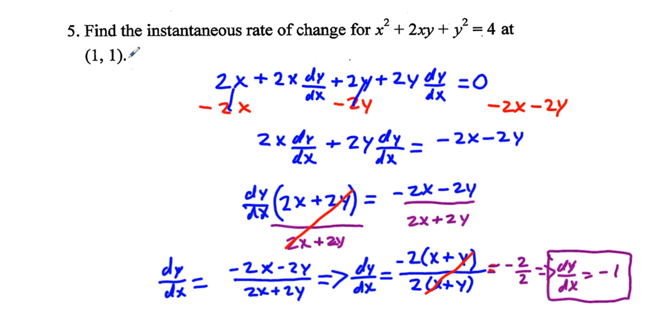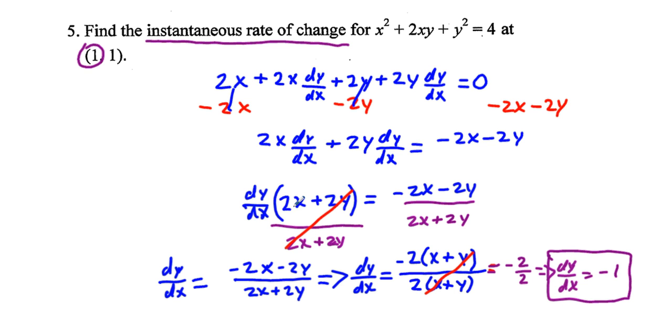And it really doesn't matter at 1 comma 1, right? We just have negative 1 no matter where we plug this in. So our instantaneous rate of change, no matter where we are, is going to be negative 1. So we don't even have to plug this one. There's nowhere to plug in on the right side, is there? And we can see if we go ahead and plug in earlier, we could have plugged in right here.